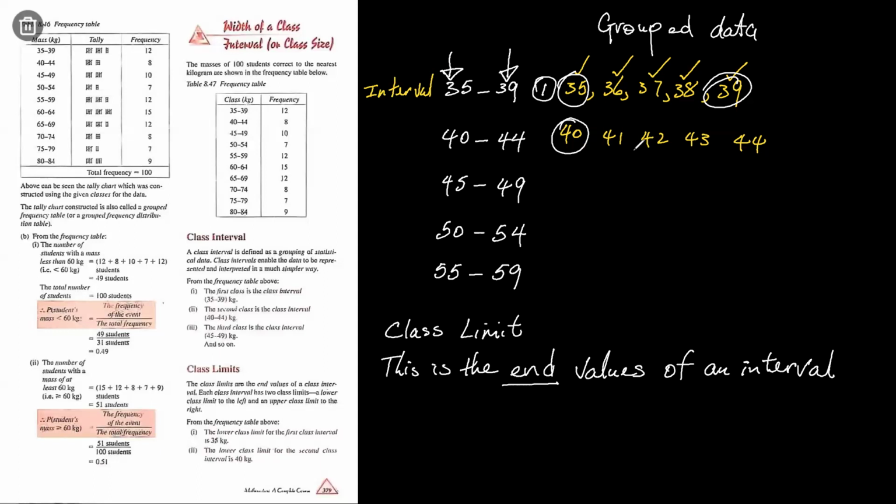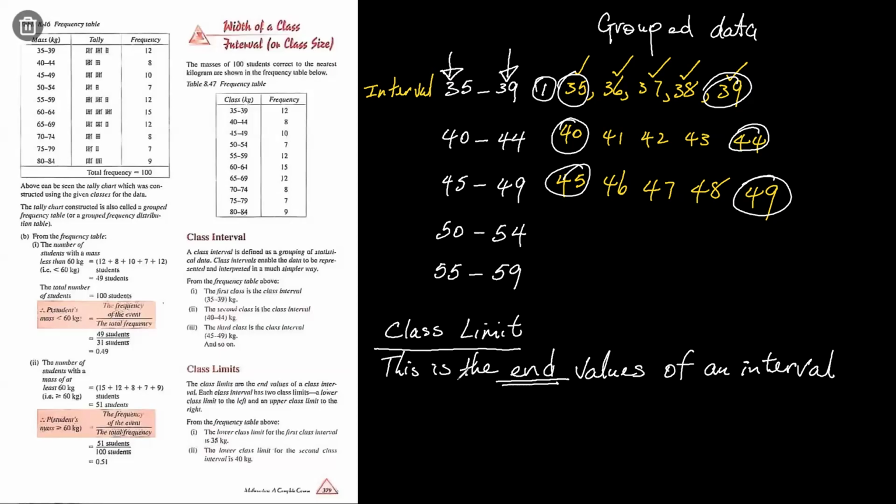So your end values for your numbers are called limits. Then you have another interval, and the interval has 45. So you have a lower limit and an upper limit. Your class limit would be your end values. Anybody lost? So that's the second word that you learn.